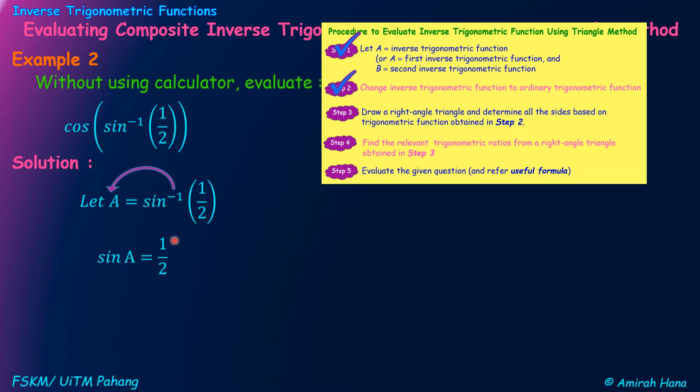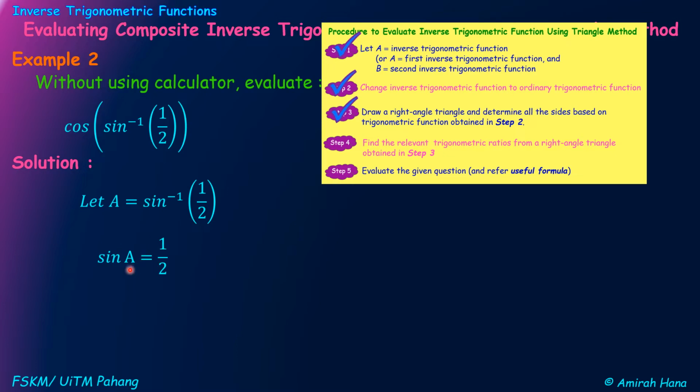On the right hand side now, we have half. Then we continue with step 3: draw a right angle triangle and determine all the 3 sides based on the trigo function obtained in step 2.